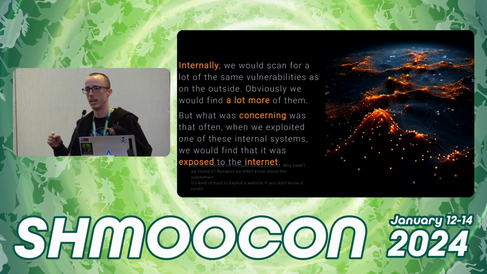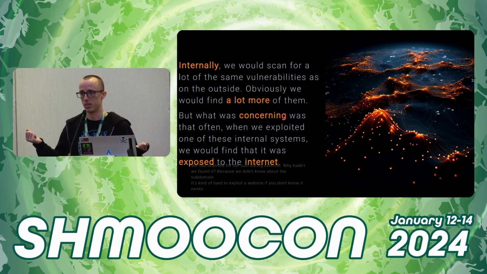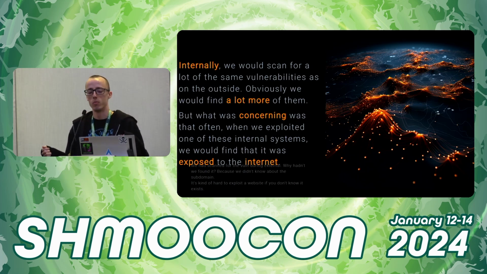Once we got on site and started doing internal stuff, we would scan for a lot of the same vulnerabilities that we would scan for on the outside. Obviously, we'd find a lot more of them because internal networks are typically bigger than external ones. But what was concerning was that we would find things that were vulnerable, and when we exploited them, we would find out that they were actually exposed to the internet. But then, why didn't we find them in the external portion?